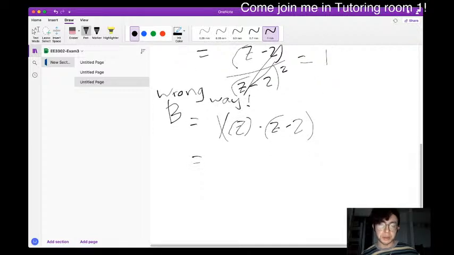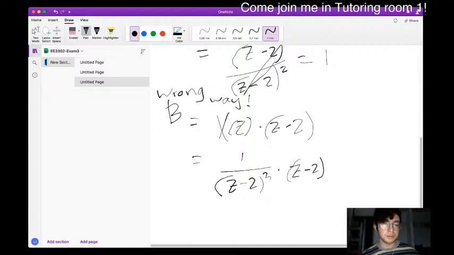So we get 1 over z minus 2 squared, because that was X(z), and then we multiply it by z minus 2. So this knocks the multiplicity down, so one of them cancels out, and we're left with 1 over z minus 2.